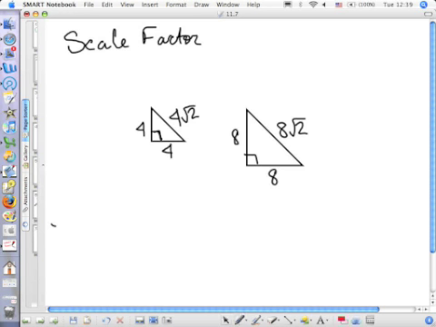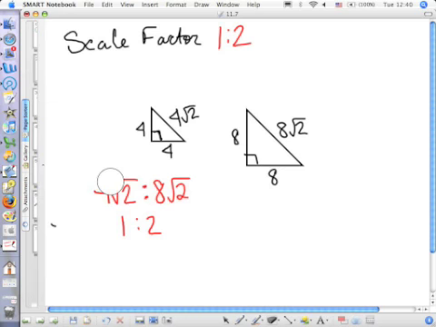Same thing, 1/2. 4 to 8 is 1 to 2. It reduces to 1 to 2. 4 square roots of 2 to 8 square roots of 2. How does that reduce? Okay? So every corresponding piece has the same scale factor. So in this one, our scale factor between these two triangles is 1 to 2.